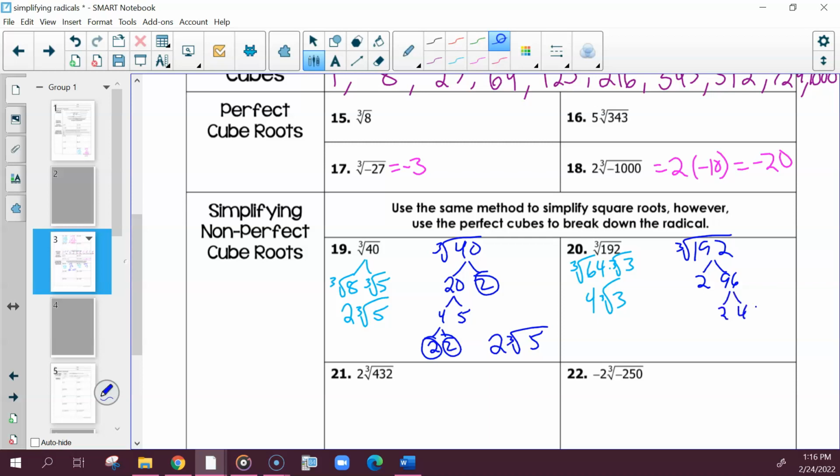We have 2 and 48. 48 can be divided by 2 or other things. 2 and 24. So we have a group of 2, but we have to keep breaking down 24. So with 24, we do 2 and 12, 4 and 6, 8 and 3. Doesn't really matter. Let's do 4 and 6.